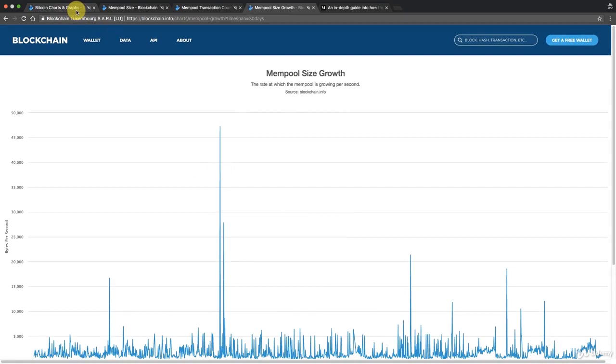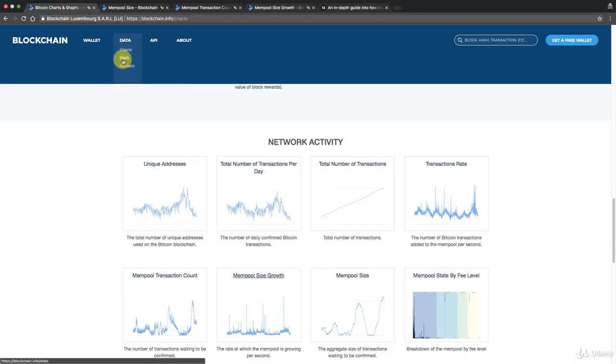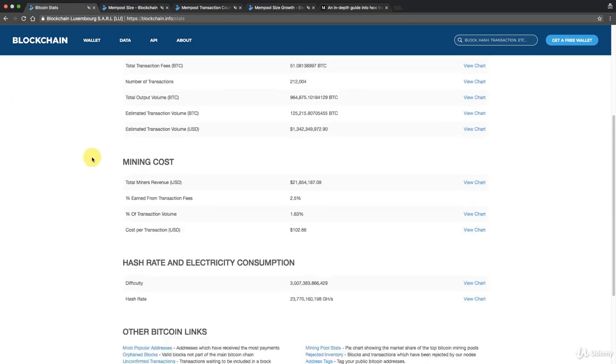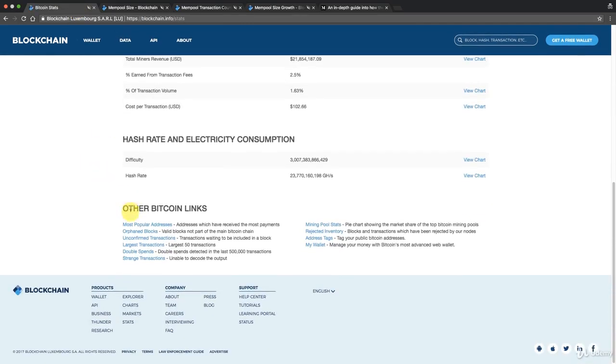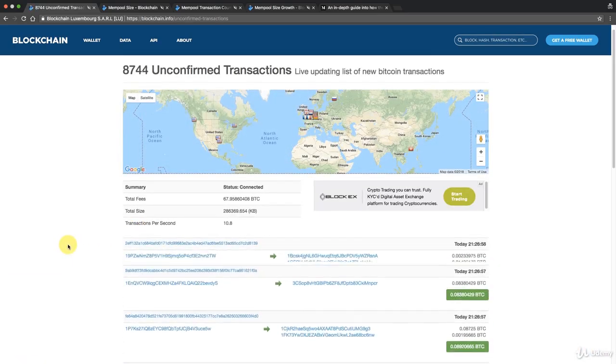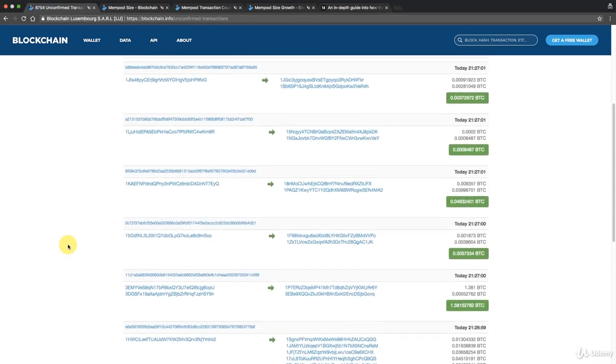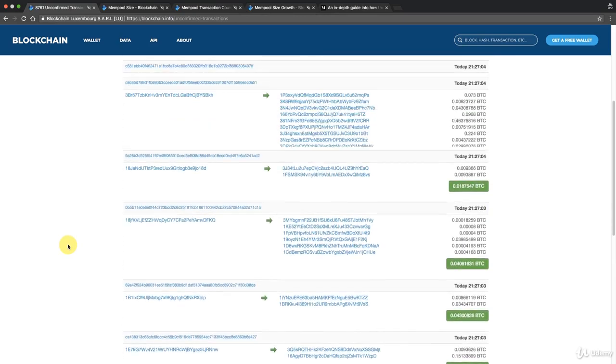Another interesting one, which I really like and wanted to show you, is if you go to data and go to stats instead of charts, and then go to unconfirmed transactions. Those are the transactions that are in the mempool. They're called unconfirmed transactions. And this is just amazing. I love watching this.